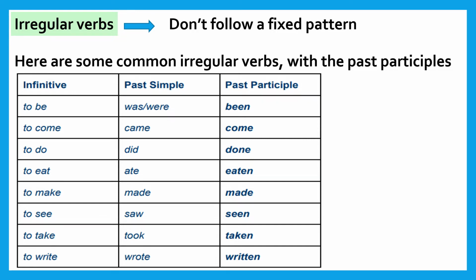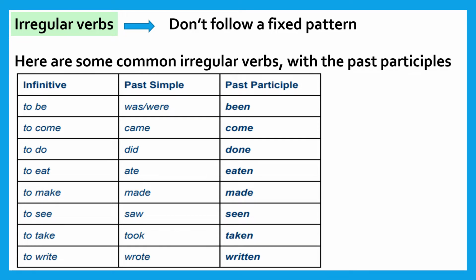Similarly, the verb to come becomes came in the simple past and it becomes come in the past participle. The verb do becomes did in the simple past and done in the past participle. Now you can go through the other words displayed in the table and observe the difference.